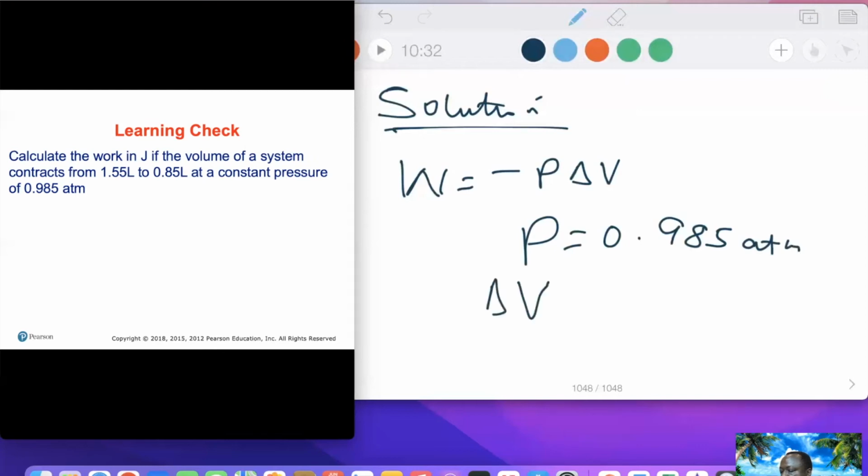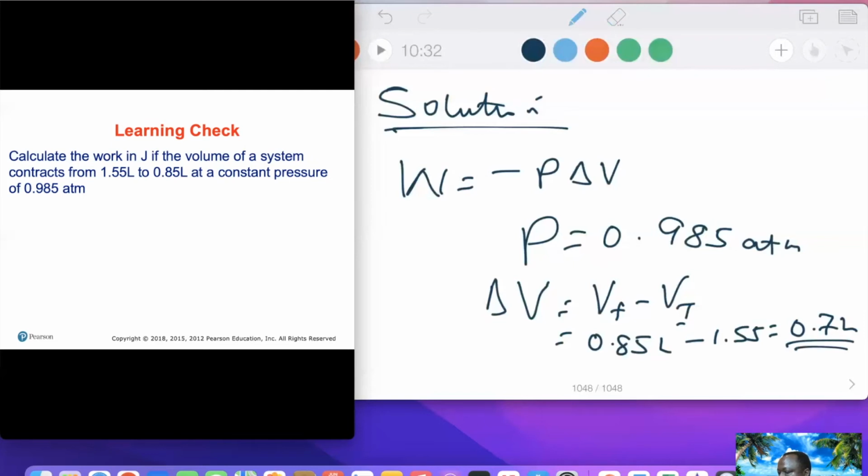Change in volume is given by V final minus V initial, which is 0.85 liters minus 1.55, which equals 0.7. This is negative, by the way: negative 0.7 liters.